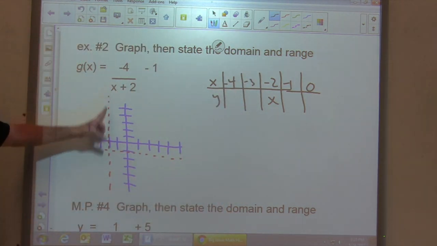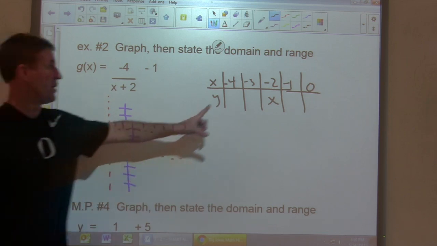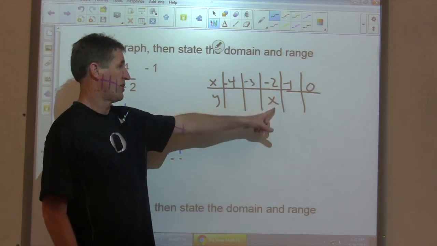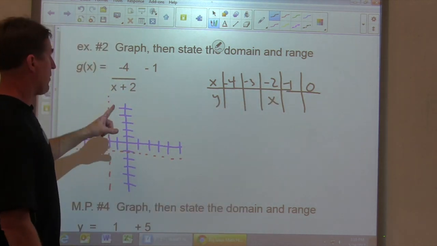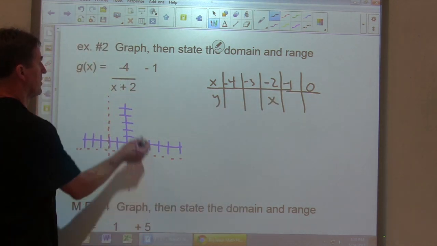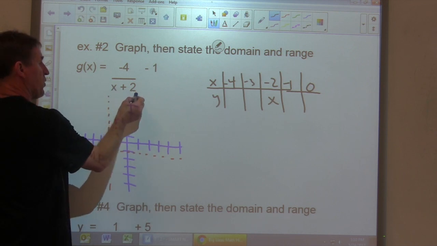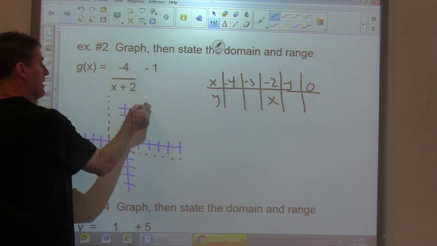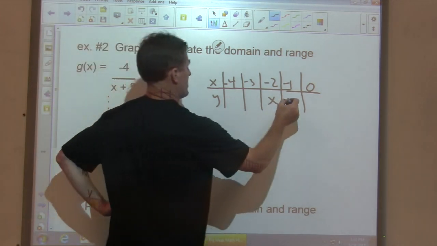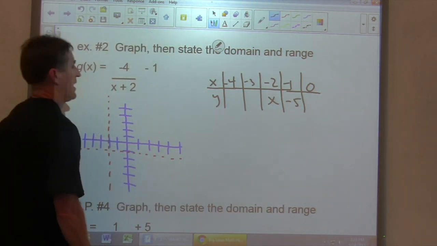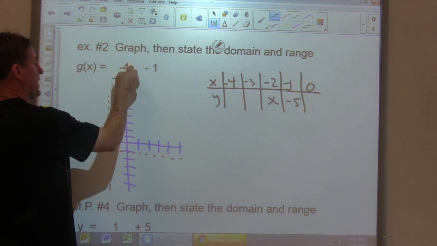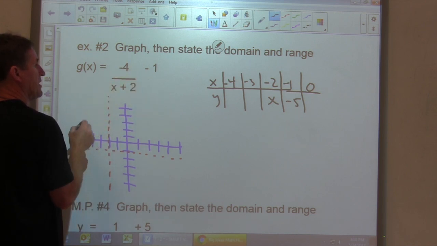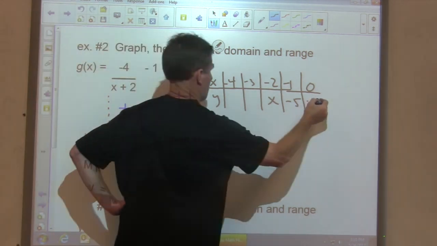So remember, your vertical asymptote tells you the middle value of your chart, and you go 2 above it and 2 below. So now we're going to plug in negative 1. Negative 1 plus 2 is 1. Negative 4 divided by 1 is negative 4, minus 1 is negative 5. Now I'm going to plug in 0. 0 plus 2 is 2. Negative 4 divided by 2 is negative 2, minus 1 is negative 3.